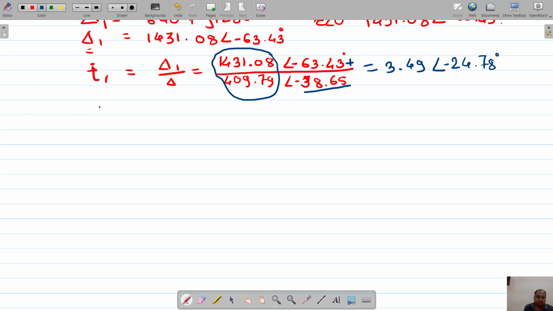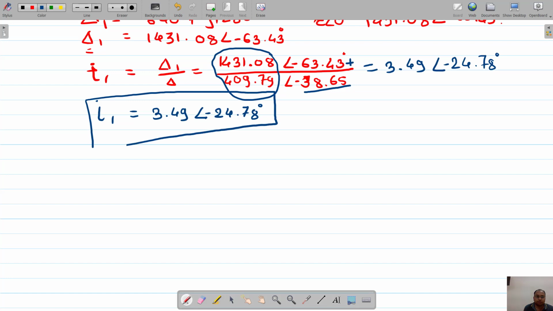Therefore the value of I1 is coming as 3.49, angle minus 24.78. This is the value of I1.